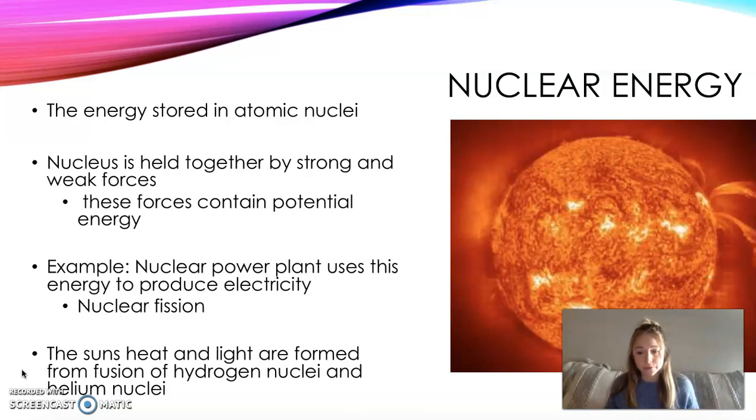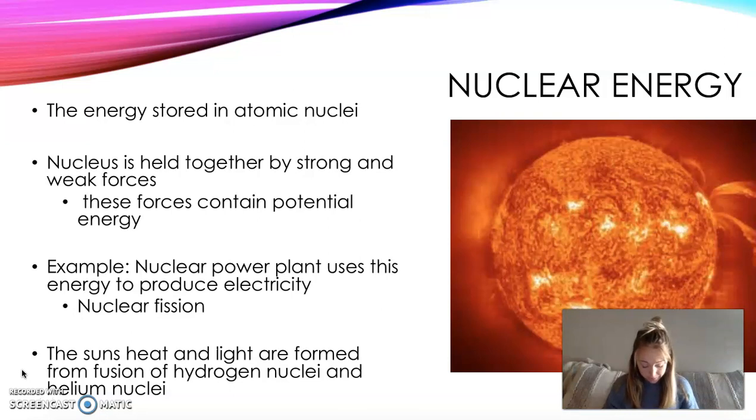So two examples that they give out of the book are nuclear fission and nuclear fusion. Well, nuclear fission is a process that releases energy by splitting nuclei apart. And this is how power plants are able to produce electricity.